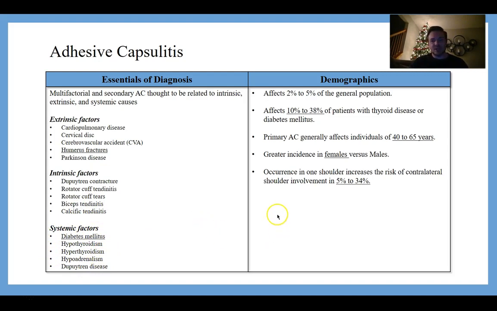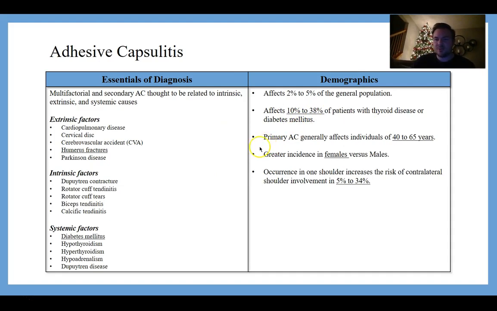If we look at the demographics here, 10 to 38% of people with thyroid disease or diabetes get frozen shoulder. So 1 to 4 out of 10 people with those diagnoses get it.